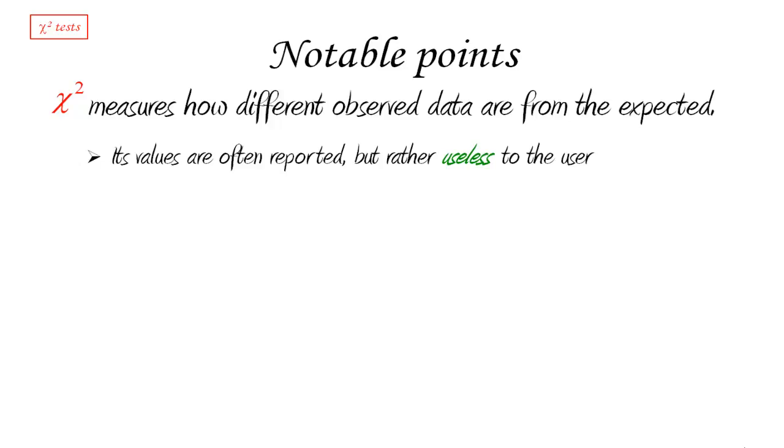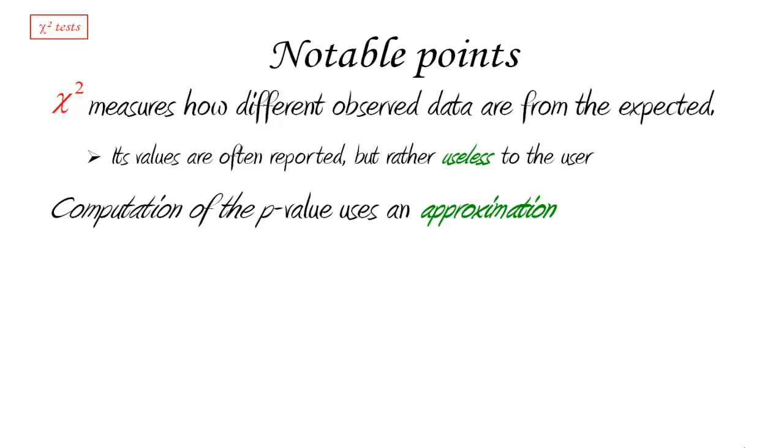In fact, the only thing that they tell us is that the chi-square test was used in that particular situation. So that's okay, but probably that piece of information is somewhere else. So if you look at a table which has maybe a column of chi-squared values and you're scratching your head trying to figure out what they mean, just move on. They do have a meaning, of course. They do have content, but it's not a content that is useful from a clinical applied point of view.